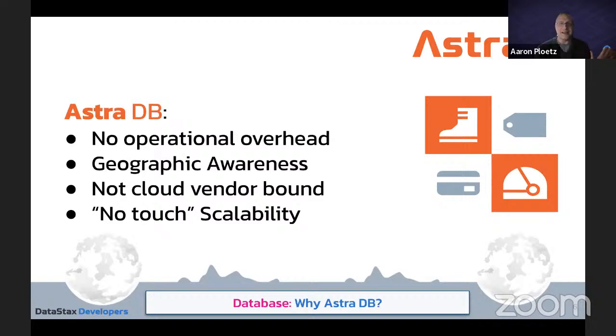So we can deploy Astra DB for you in AWS or GCP or Azure, wherever you've got your app built. And the other great thing is geographic awareness. Let's say you have e-commerce customers, maybe some in Central Europe, and maybe some in one of the Asian cloud regions, and you need that same data replicated.